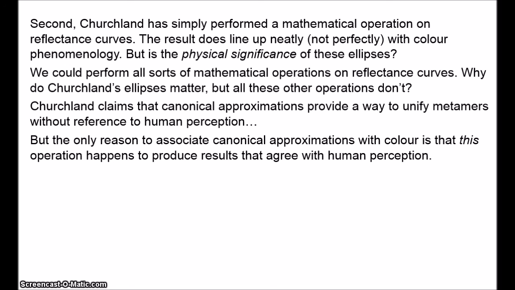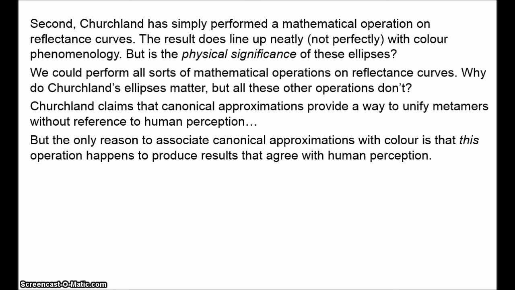They've just been invented by Churchland to save colour realism. So Churchland claims that canonical approximations are objective properties of the spectral reflectance curves, but that's not really true. I mean, they're a kind of mathematical transformation of the reflectance curve. They're no more or less objective than any other result of a mathematical transformation.